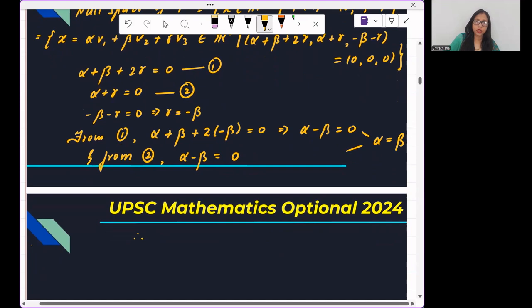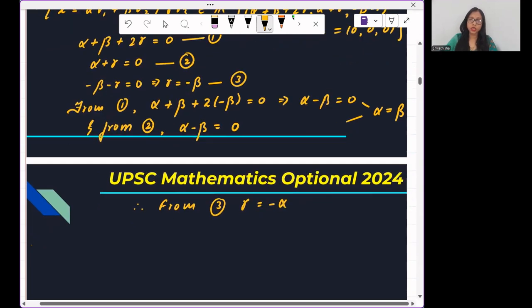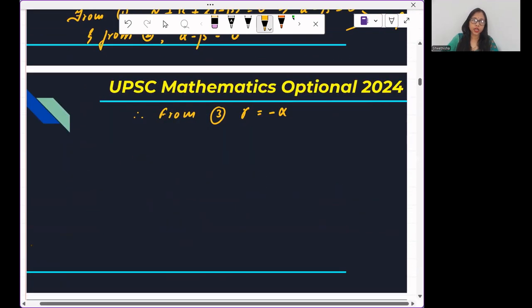Therefore, from 3, beta is also alpha, then gamma is minus alpha. So I have everything in terms of alpha now. Therefore, the null space can be written as follows.